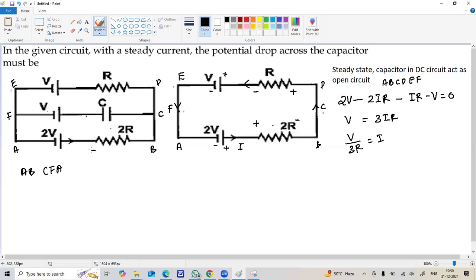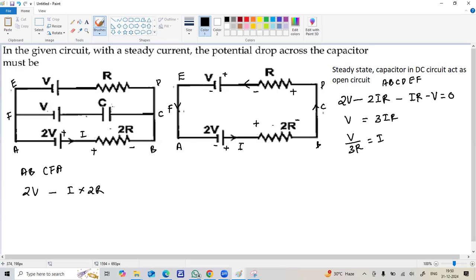So this resistor current goes from its positive terminal to negative terminal. So A to B, 2 volt. You're leaving from the positive terminal of the cell, so plus 2V. Here you're leaving from the negative terminal, so minus I into 2R.